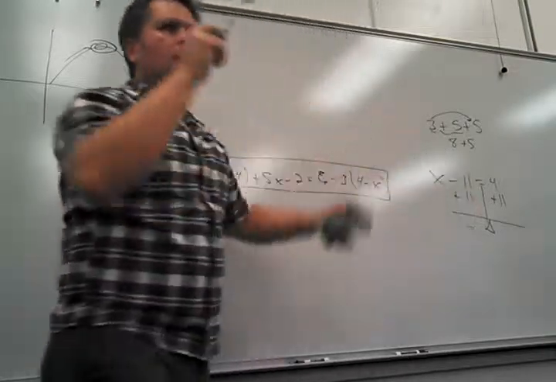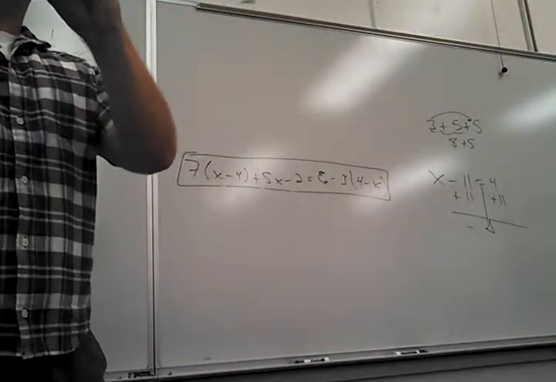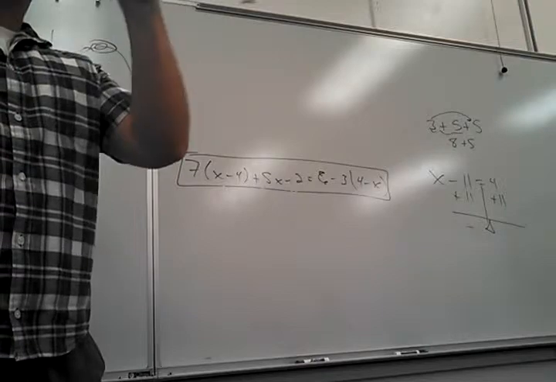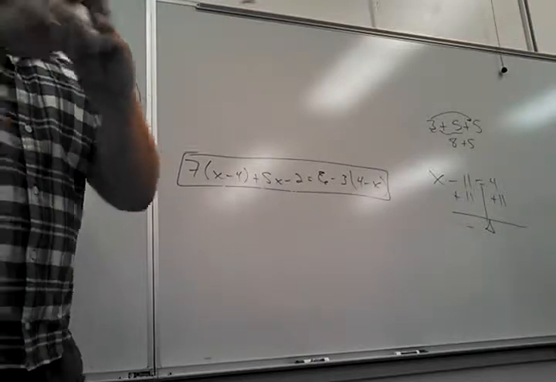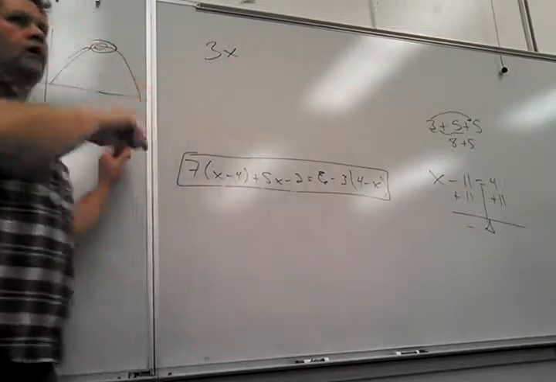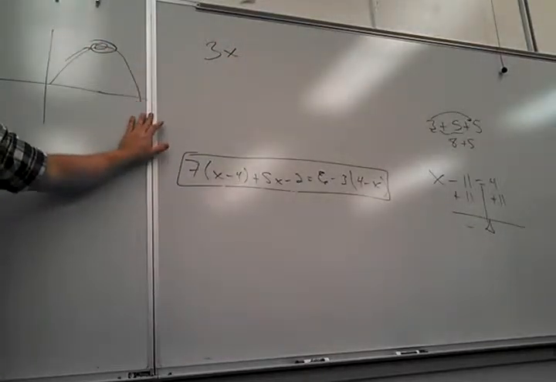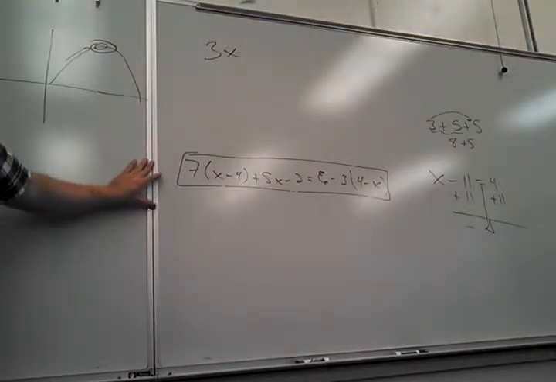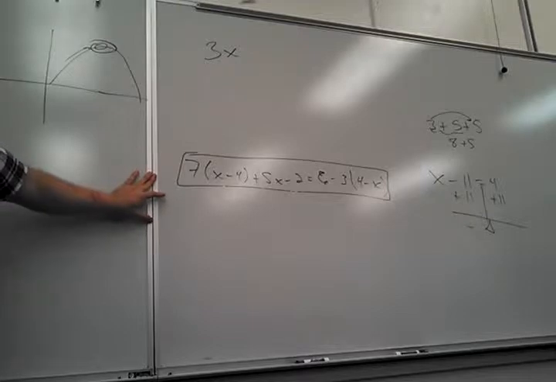I want you to understand, I can only add things that are what's known as like terms. So can somebody tell me, if I write 3x, now I know that means 3 times x, but can somebody come up with a different explanation for what that represents? 3 times 1. I don't know what x is, so I can't say it's something specific.